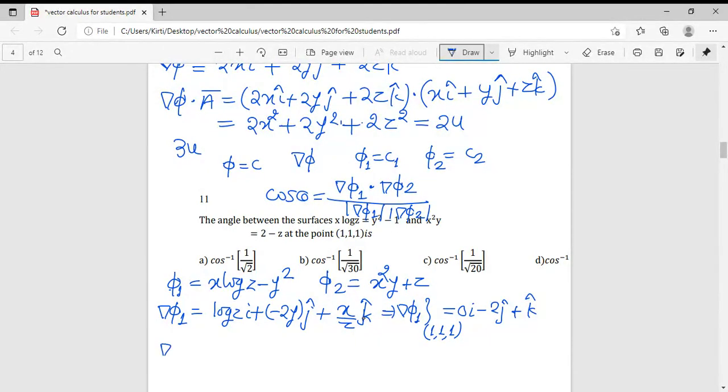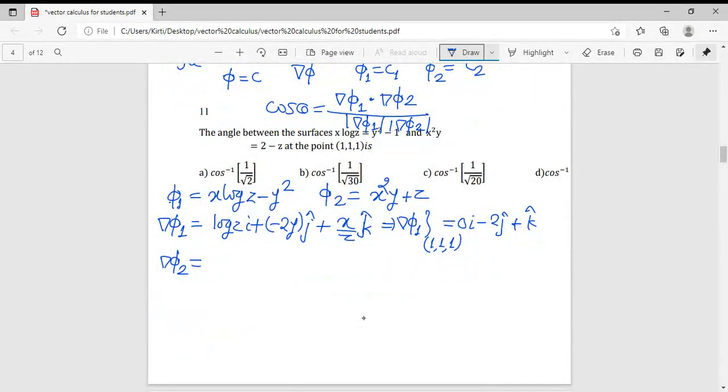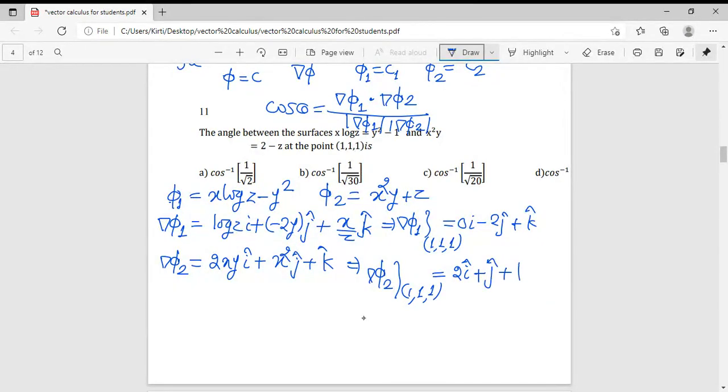On the same line, let's find del phi 2. According to the definition, del phi 2 is the derivative with respect to x partially first, so 2xy i, then with respect to y, that is x square j, then with respect to z, that is 1 times k. Its value at the point 1, 1, 1, putting x as 1, y as 1 and z as 1, is 2i plus j plus k.